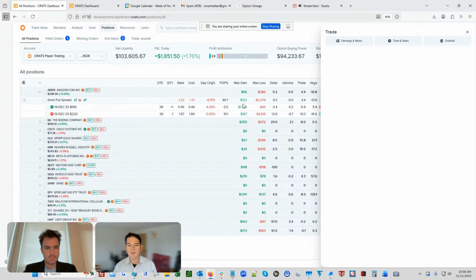Actually, I suppose that you could add the max loss with the max gain, but that doesn't always work. 4,100 minus 1,700 is about negative 2,400. So you could do it that way, and I suppose also 167 minus 45 is the 122 max gain. So it works in this case. It doesn't work in every case.